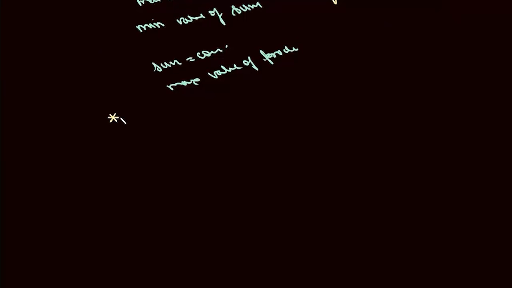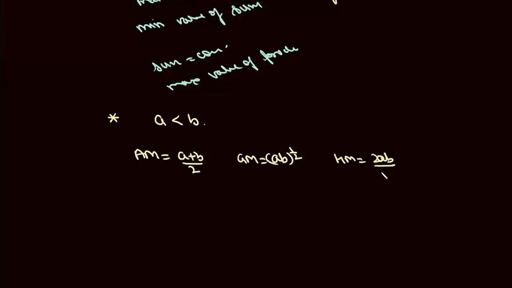If we have two positive numbers, A and B, such that A is less than B, we know their arithmetic mean is (A + B)/2. Their geometric mean is (AB)^(1/2) or under root AB, and their harmonic mean is 2AB/(A + B).